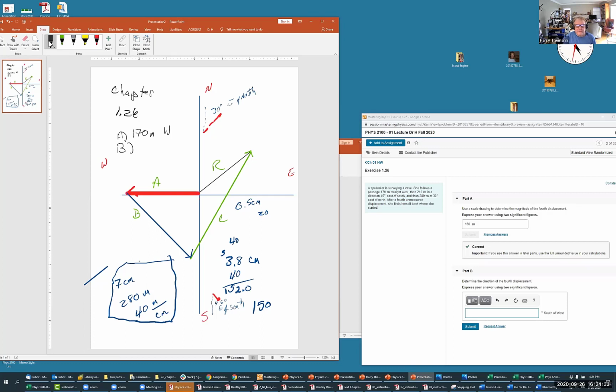B is 210 meters, 45 degrees east of south. And then C is 280 meters, 30 degrees east of north. Okay.